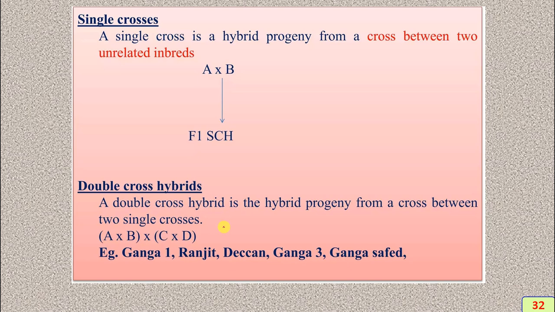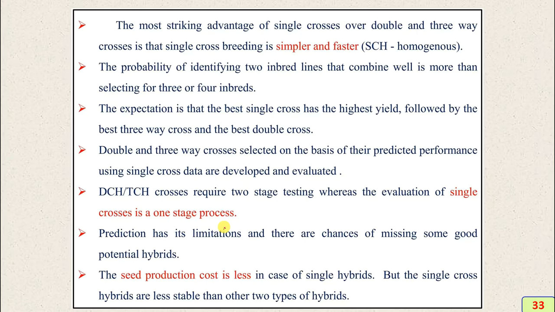A double cross means A into B into C into D. There are varieties of grasses as well. The most striking advantage of heterosis is the development of a crossbred which yields more, maybe milk yield or crop yield, than the parents.